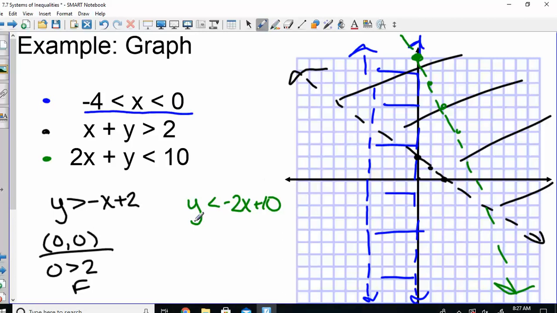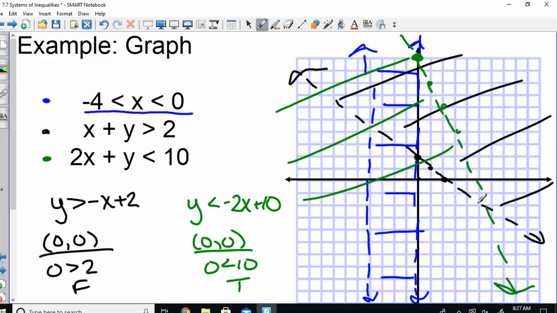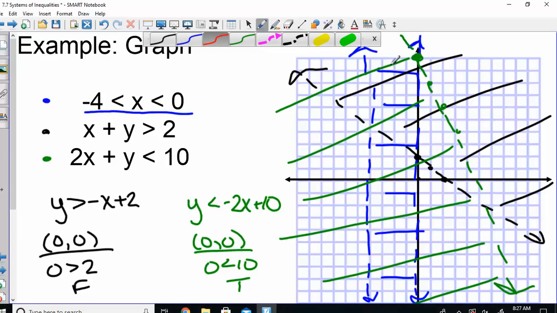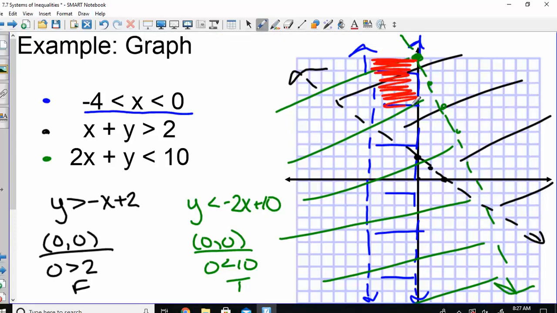Less than would tell you below the line, or if you plug in 0, 0, you get 0 is less than 10, which is true, so 0, 0 works. So we shade this way. So the overlap, remember we are in between these vertical lines, is just that little piece.